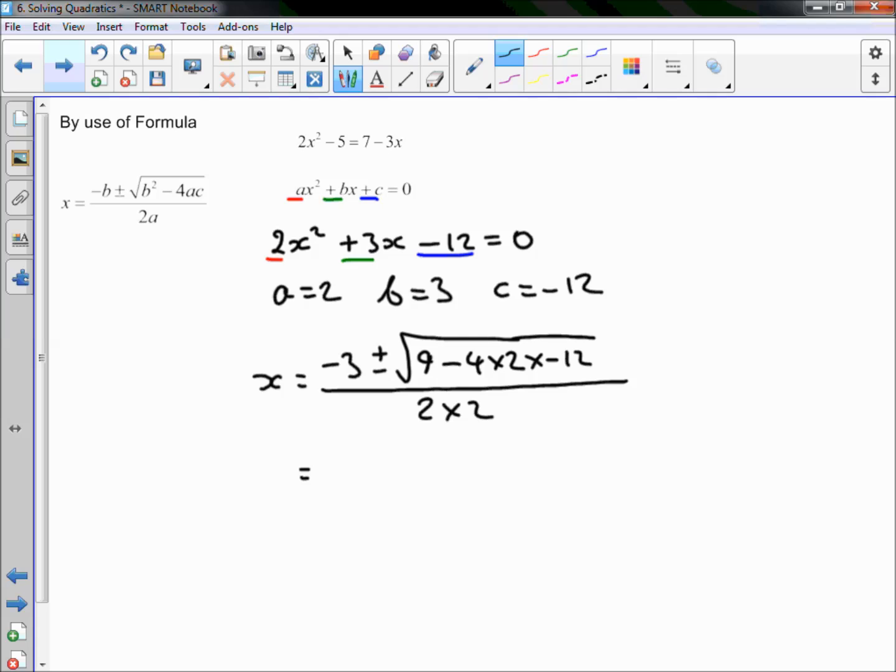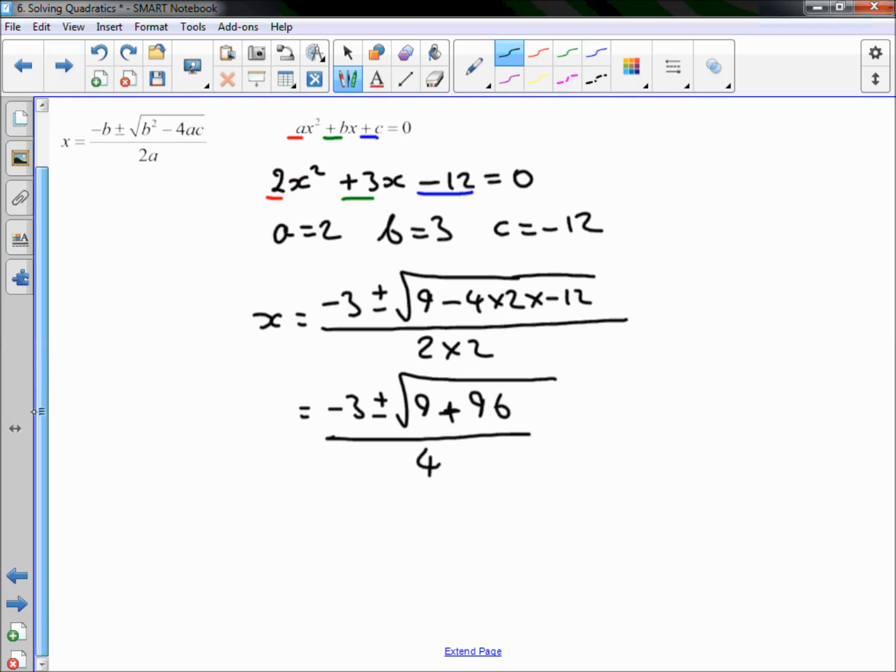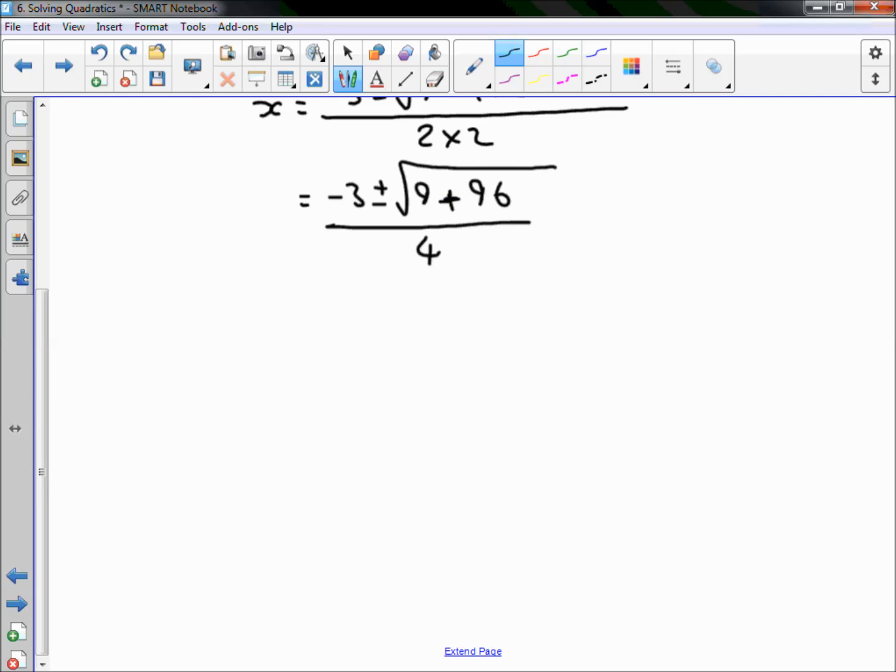That gives me minus 3 plus or minus the square root of 9, two negatives, plus 4 times 2 is 8, 8 times 12 is going to be 96, all over 4. So that gives me minus 3 plus or minus the square root of 105 over 4.